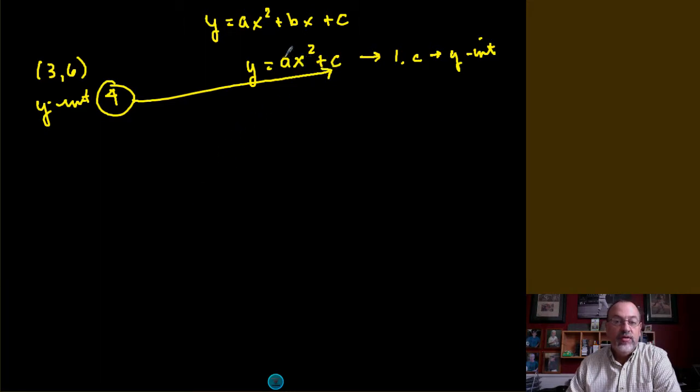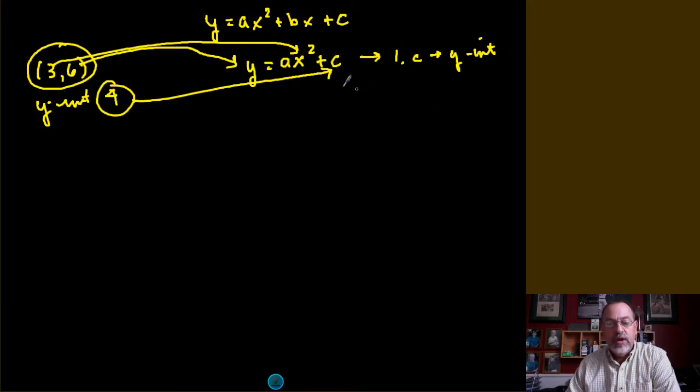Then all I need to do is figure out what a is. To figure out what a is, I need to have a value for y and x. Well, the point gives me the y coordinate and the x coordinate, and now I have everything that I need to determine the value of a. So it's very important to know what these letters represent, and then simply substitute the values in.